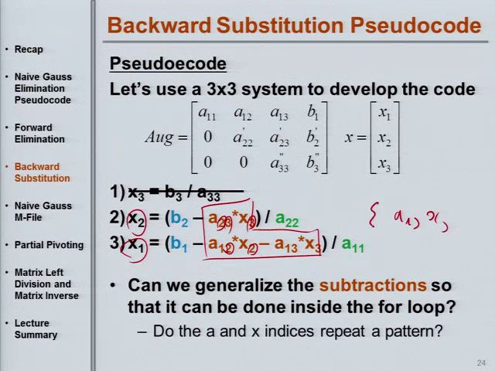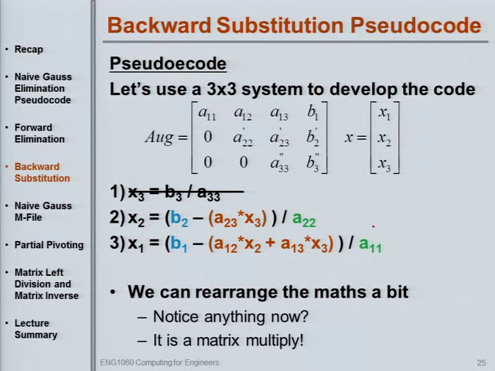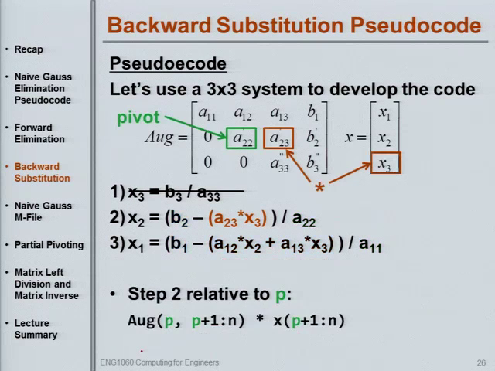There's going to be a sum of things there. Let's make that a bit more explicit. Let's make this actually equal to a sum, and we're subtracting that sum from this variable here. And if we had another row in here, this would be an A14 times x4. It's a 3 by 3 system, obviously we don't have that. Now, it's not necessarily obvious that this thing's a matrix multiply, but I think in a minute we'll see that it is.